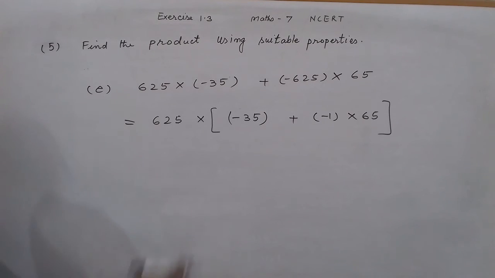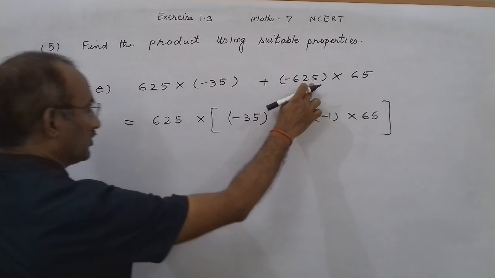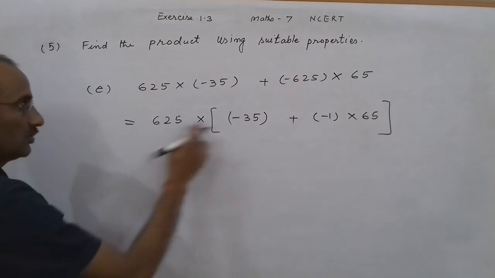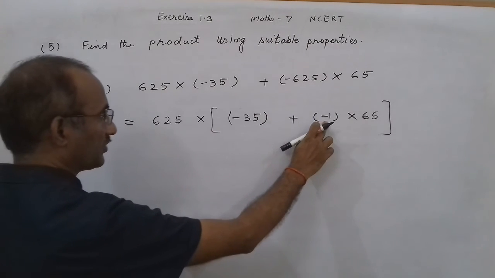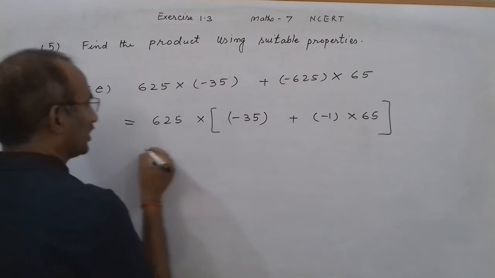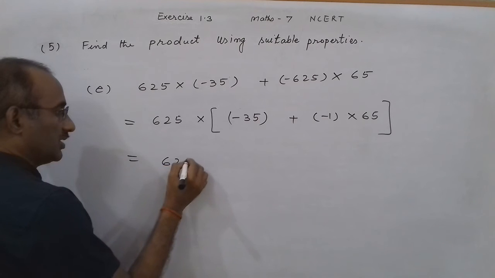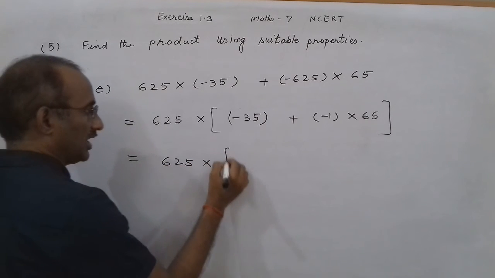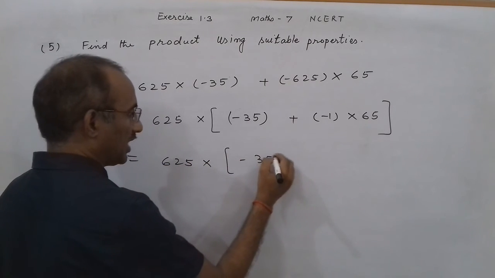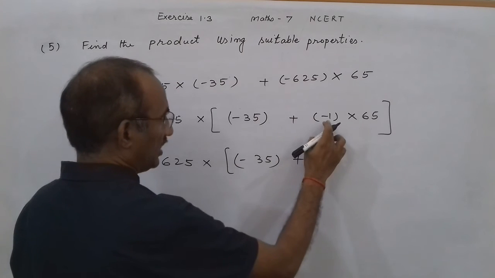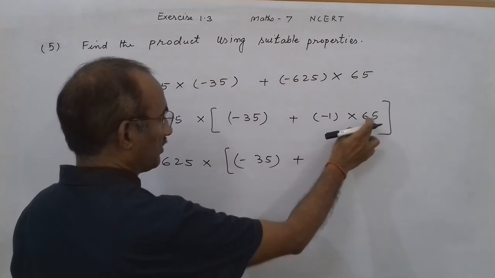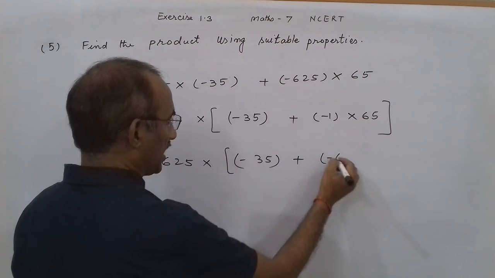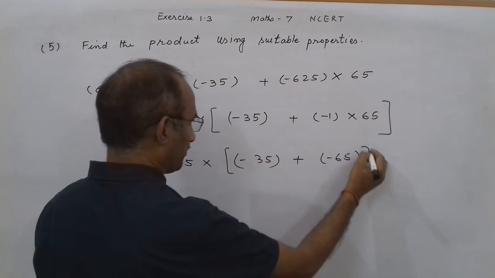And we have taken 625 out here, so here we have only minus 1. Now 625 multiplied with minus 35 and plus, if we multiply minus 1 with 65, then we get minus 65.